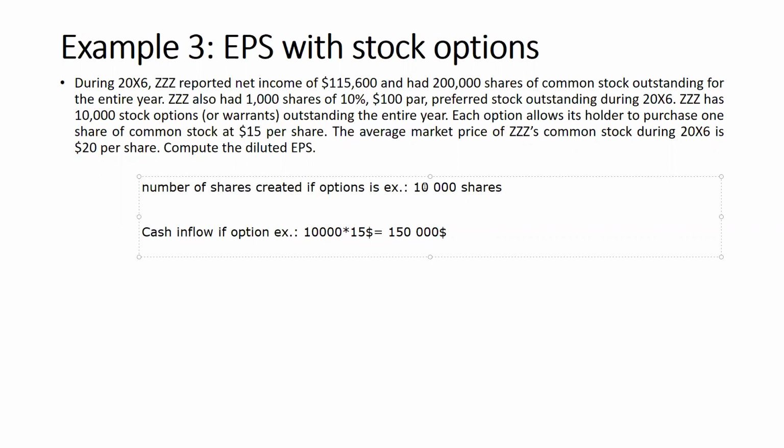And the number of shares that can be purchased during the year at $20 is 150,000 divided by 20, which will be 7,500 shares.